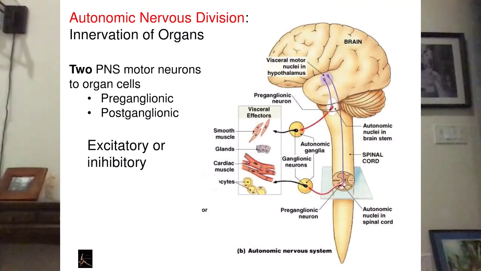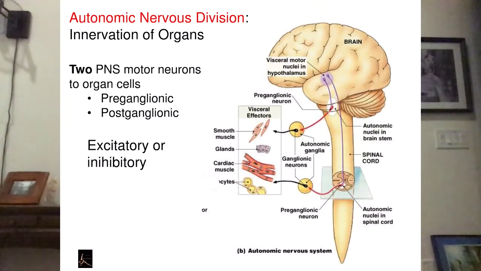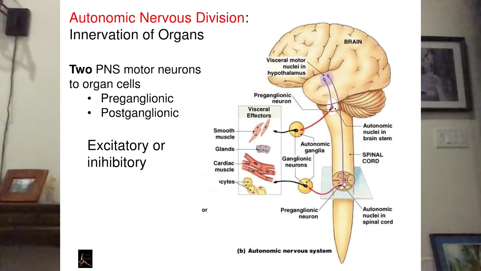So there is an afferent pathway that originates in the visceral receptors, which are going to bring information to the brain, again usually in the hypothalamus, information about our homeostatic variables. How much water is there? How much oxygen? Is there too much waste? Whatever it may be.